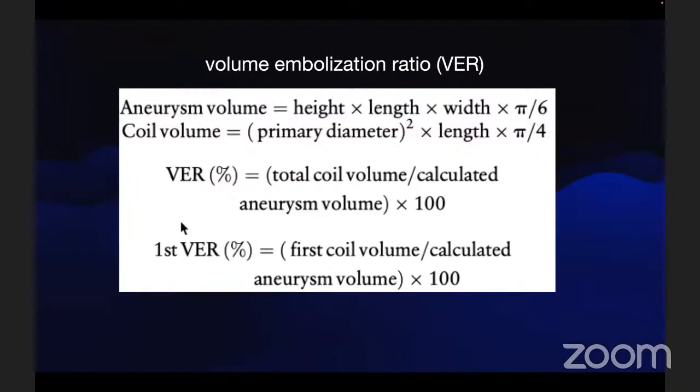Aneurysm volume equals height times length times width times pi by 6, and we have to pack the aneurysm at least 30%. This is how the calculation was given.